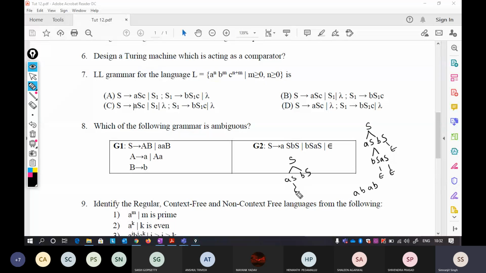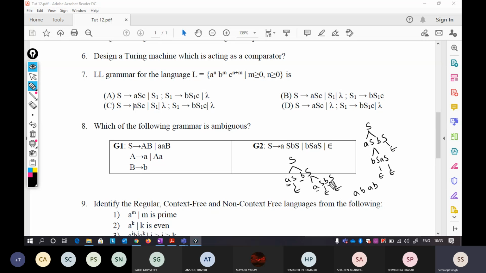ASBS. For this A, S, I put epsilon here, and here I will put B as A. So this will be a lambda, this will be a lambda. Now this will become ABBA. But I can do it like this. ASBS. Now see, this is ABAB.